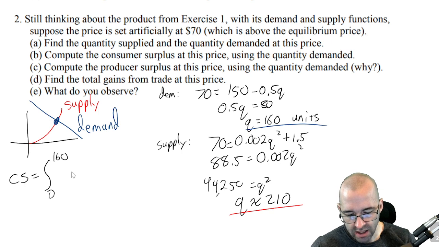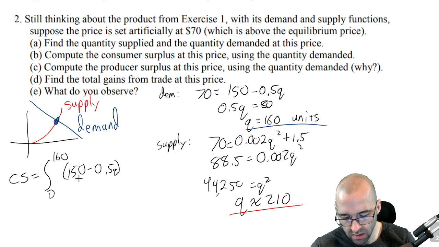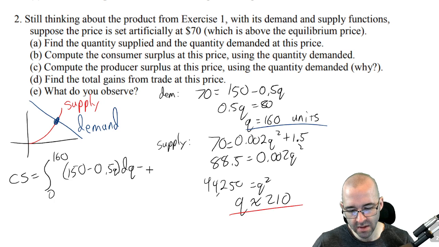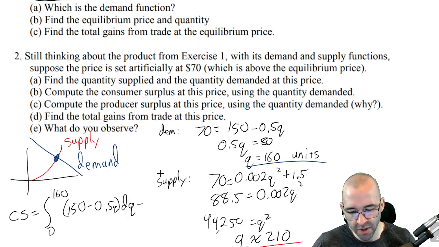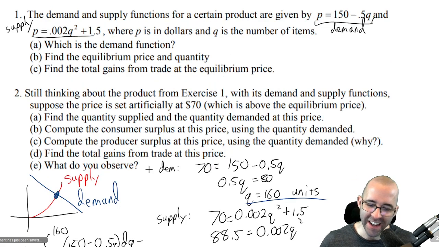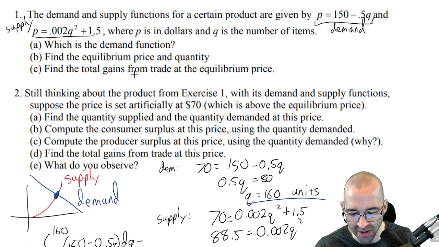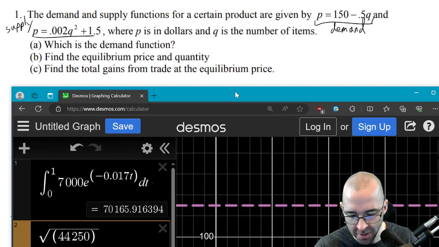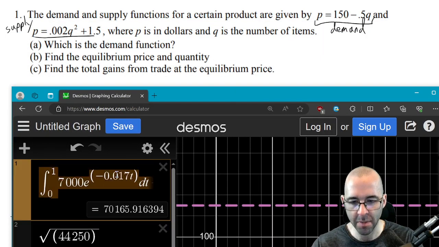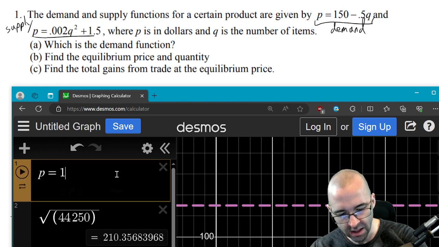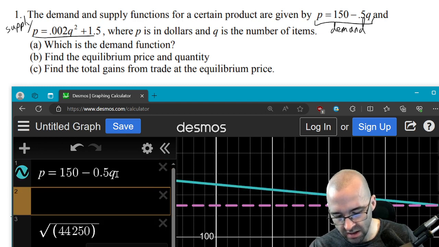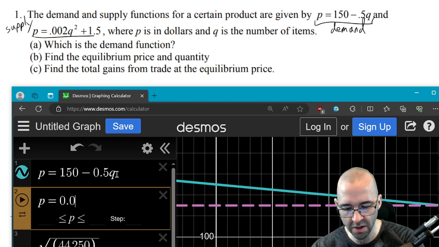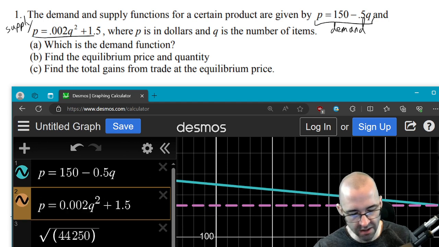It's going to be demand, which is 150 minus 0.5Q, minus P star Q star. And P star Q star you found in part 1, which I guess I kind of have to do. In part 1, demand was P equals 150 minus 0.5Q, and supply was P equals 0.002Q squared plus 1.5.